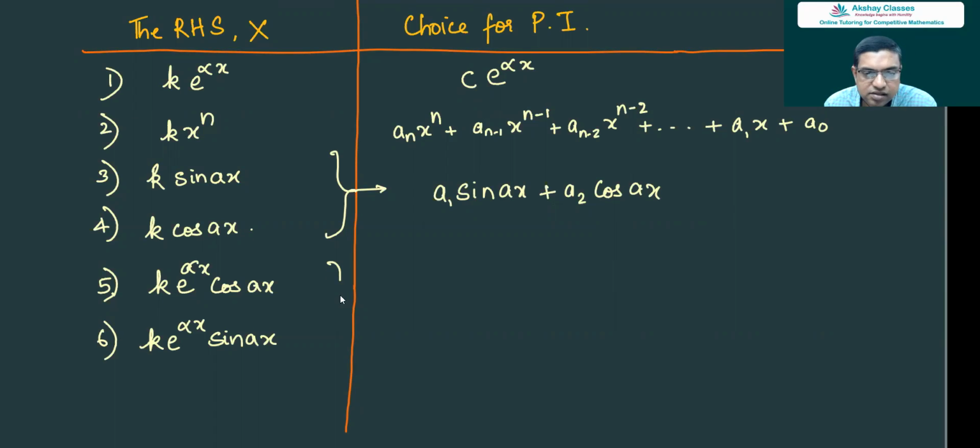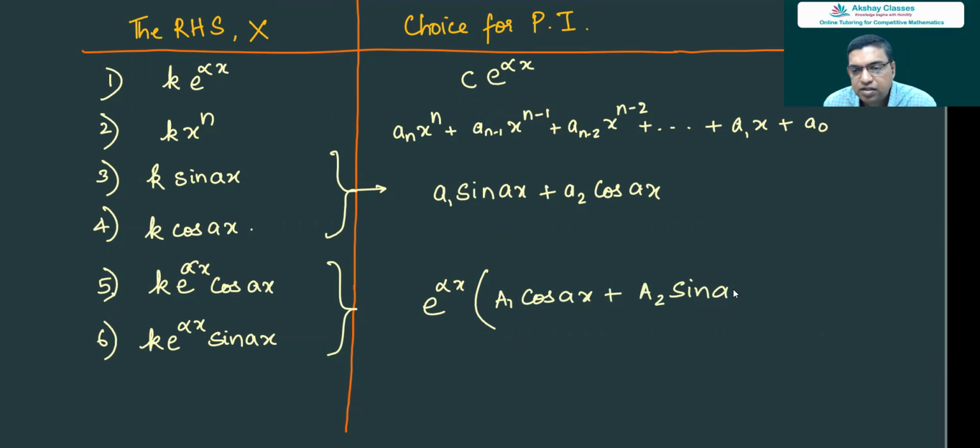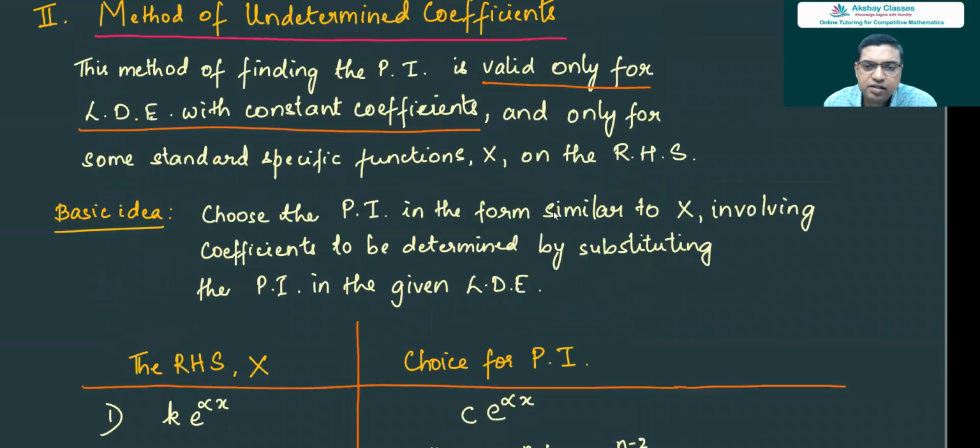In this case, the particular integral will be of the form e power alpha x times (a1 cos ax plus a2 sine ax). So in this form, we can choose. So these are the undetermined coefficients. So what is the method?